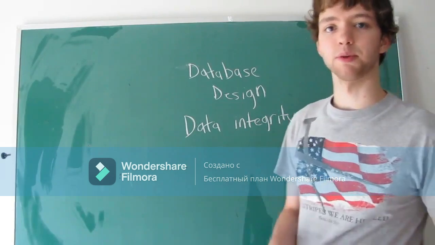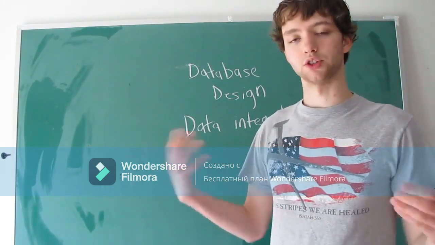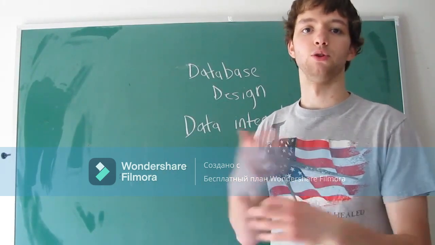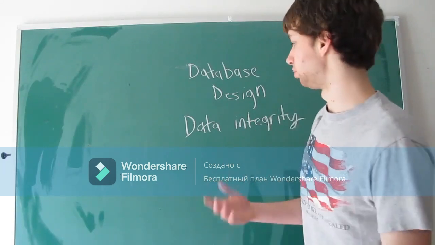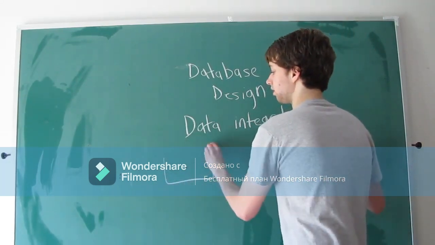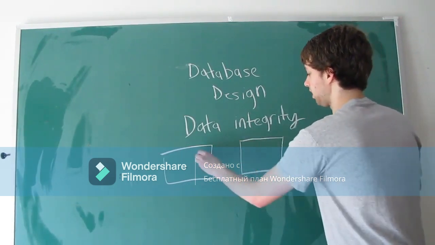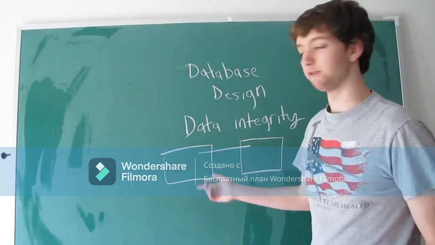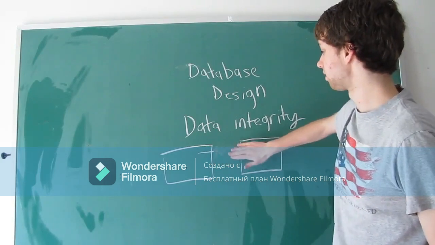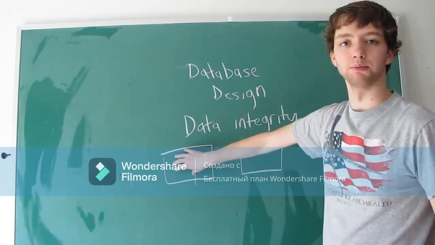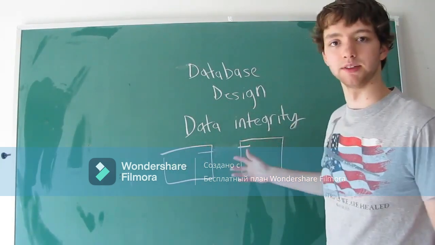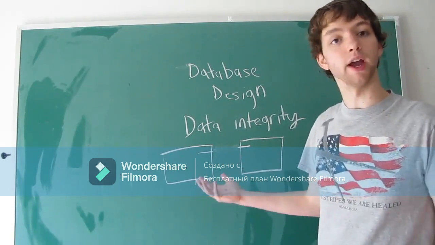So data integrity is basically where all of your data is correct, it's up to date, there's no disconnected data. For example, if we have two tables and for some reason these tables are connected in some way, well, if for some reason this link breaks, then when this table updates, this table gets left behind and then the data becomes incorrect.